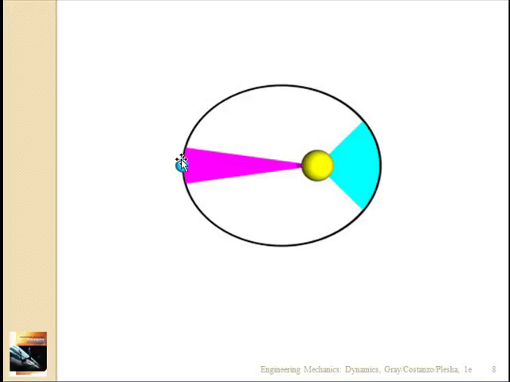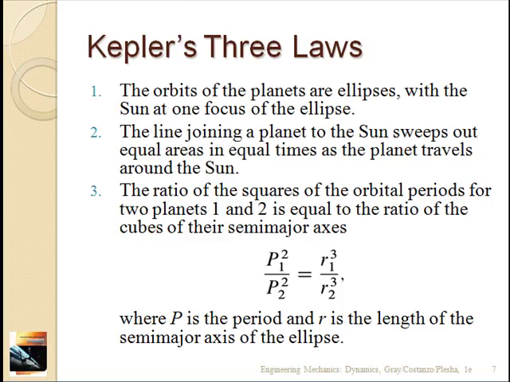And if you start from this point, move to this point, it sweeps out this reddish area. And if it takes the same time to go from here to here as from here to here, then these two areas, the blue one and the reddish one, are the same area. That was his second law.